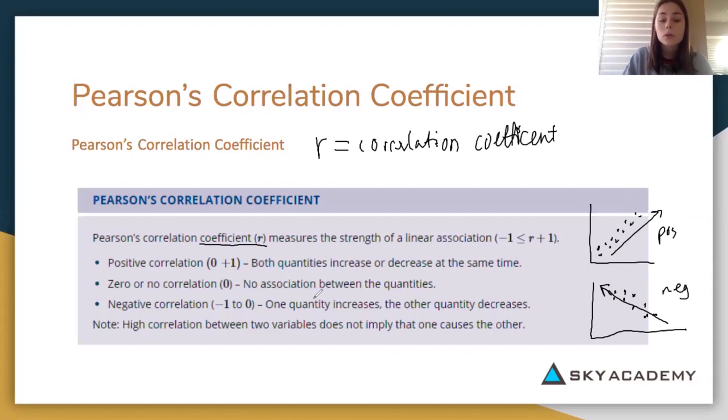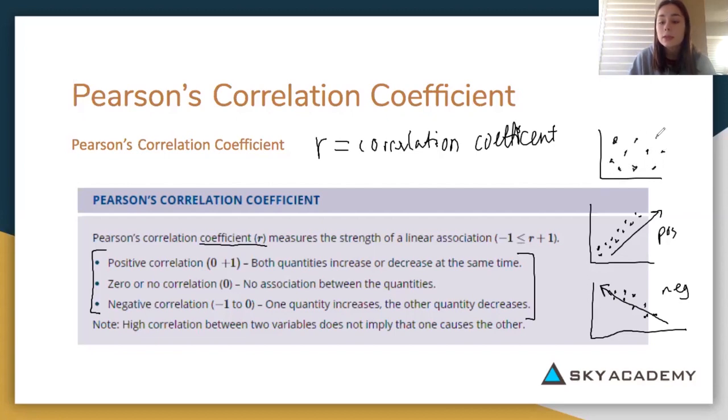Or you can remember these three facts here. The positive correlation is when the two variables either both increase together or both decrease together. Zero, or naught, for your correlation is when there's no association between quantities. It would look like this, just with values scattered all over the place.